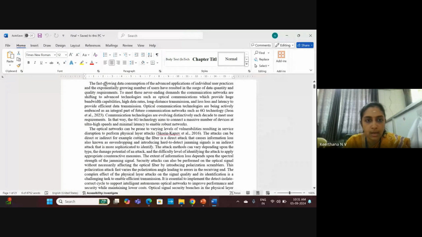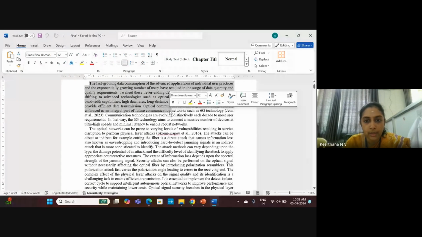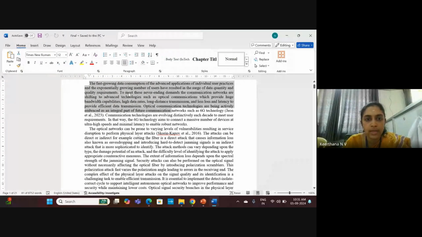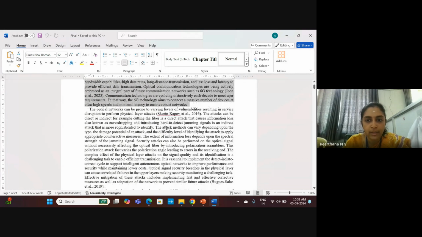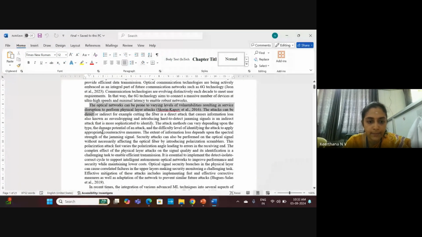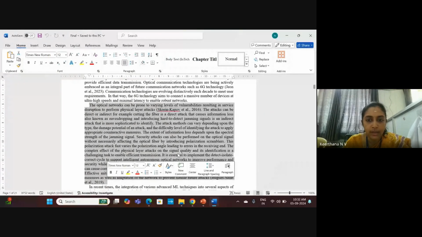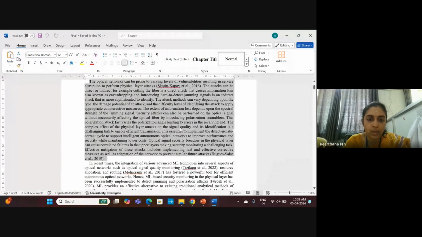See, first in the introduction part, actually this paper is about security, information security for 5G communications. So in this paper we have discussed optical communication security. That's why in the first paragraph we have explained optical communication technologies, what are the optical communication technologies available, and after that, what attacks are possible in optical communications and how they can be overcome, and in which layer these attacks are performed.